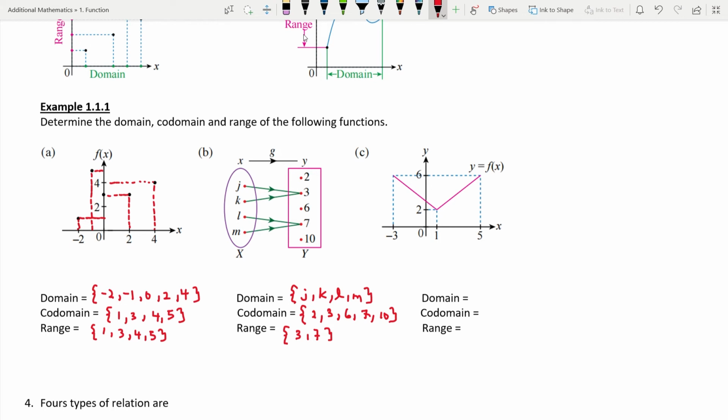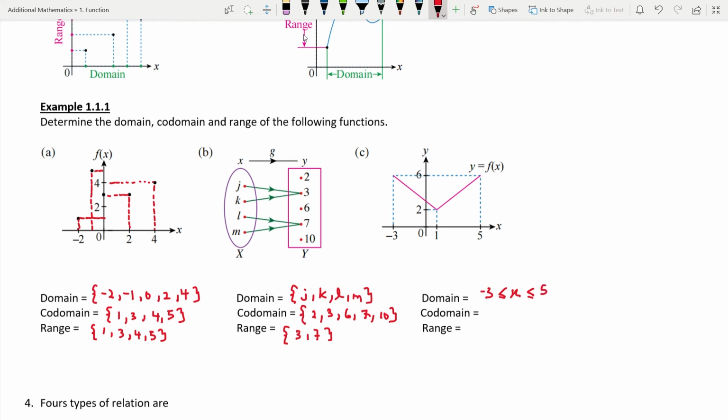Example C is also a Cartesian graph, for a continuous function. In this case, our domain will be the x values for the whole graph, which is from negative 3 until 5. This is how we write the domain for continuous cases.